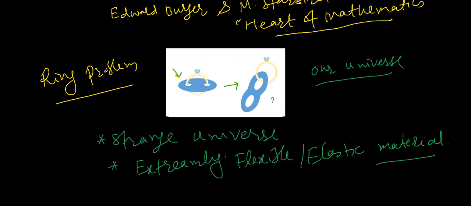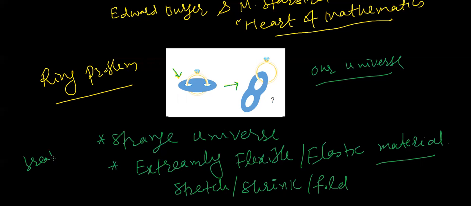You can stretch it, shrink it, extend it, contract it, fold it, do whatever, but without breaking it. Breaking is not allowed, and gluing is not allowed. So it's only continuous transformations.